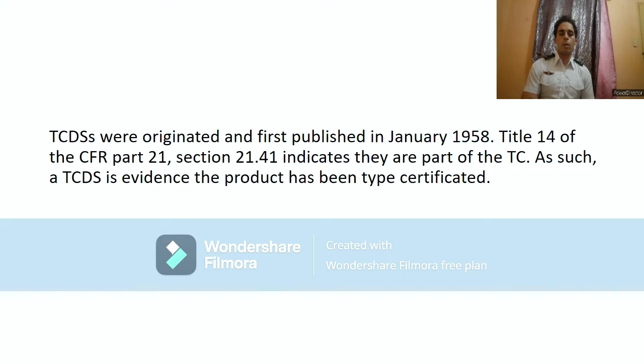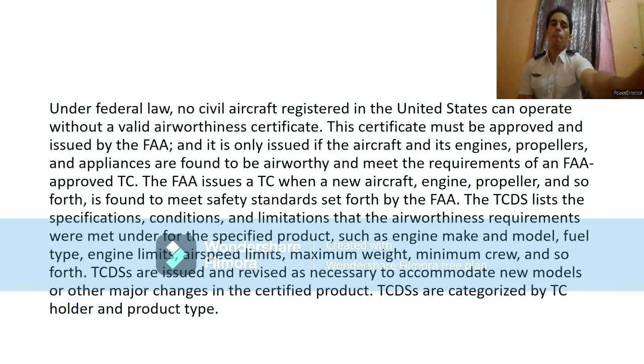The TCDS indicates the product has been type certificated. Under federal law, no civil aircraft registered in the United States may operate without a valid airworthiness certification.